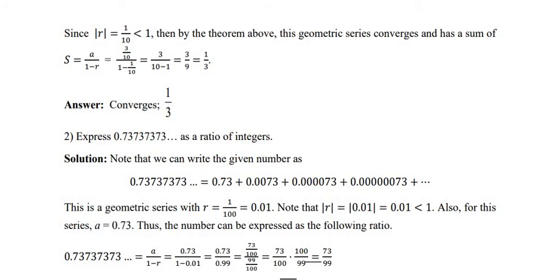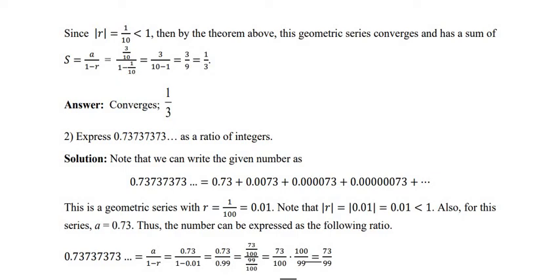Next example, express 0.737373 etc. as a ratio of integers. So we can write this repeating decimal as 0.73 plus 0.0073 plus 0.000073 and so on. By comparison, this is a geometric series with common ratio r equal to 1 by 100 or 0.01.